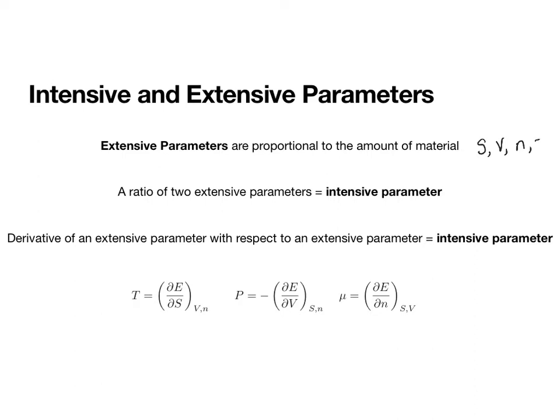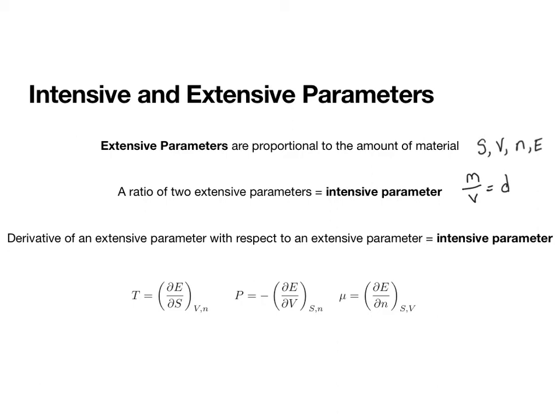And energy. Energy is another very important one. Now, when we have two extensive parameters and we take the ratio of those, so something like mass divided by volume, it results in an intensive parameter, density.